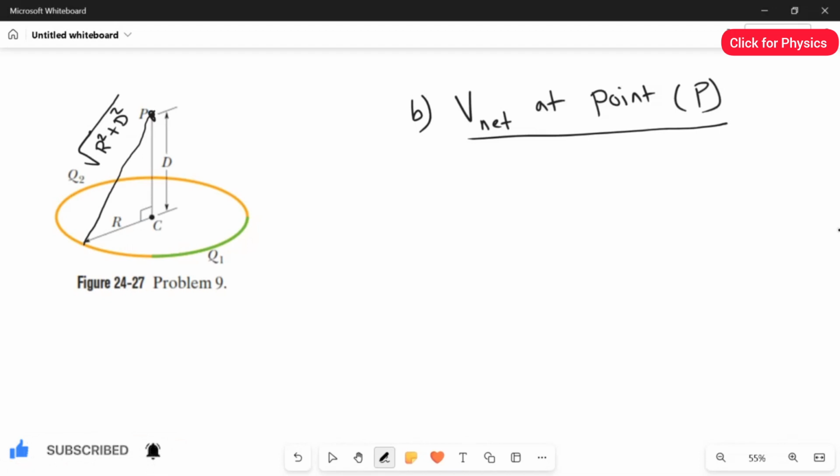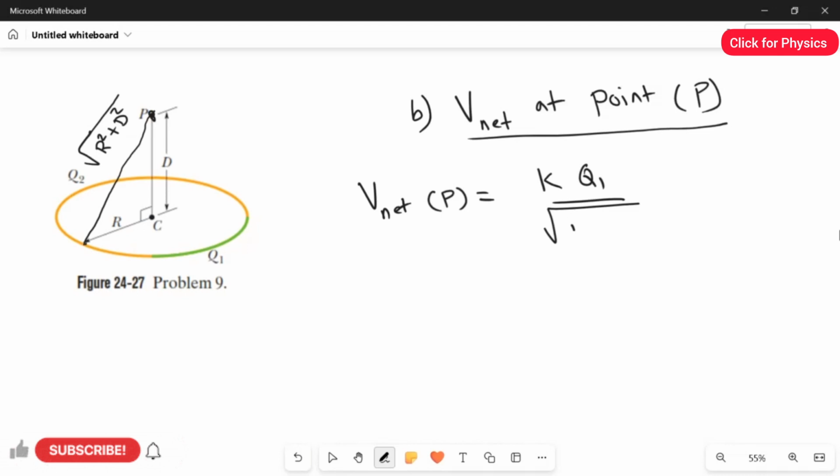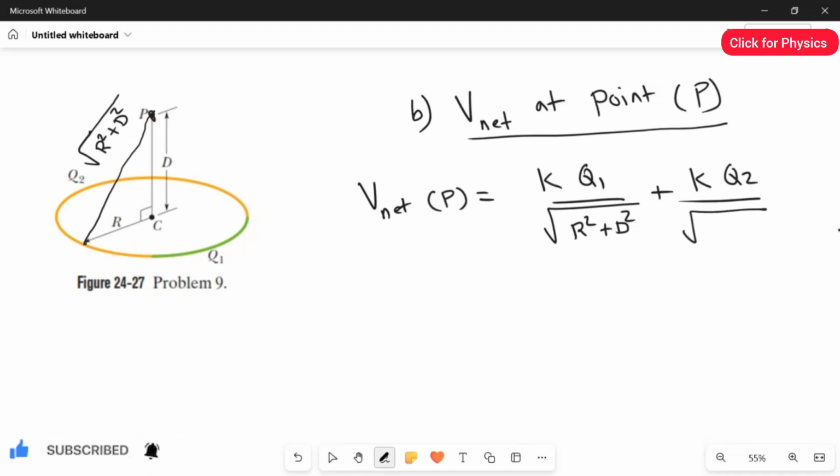Now the distance is this one, and we have to find the net potential here. So we apply the same rule. The net potential at point P is equal to K Q1 over the distance from the circumference to point P, which is square root of R square plus D square, plus K Q2 over square root of R square plus D square.